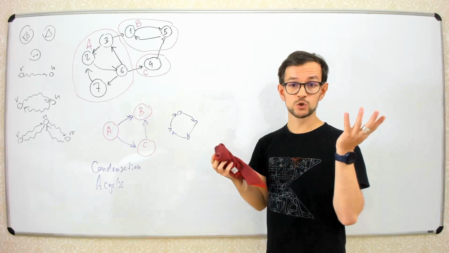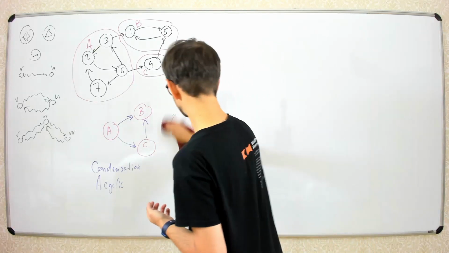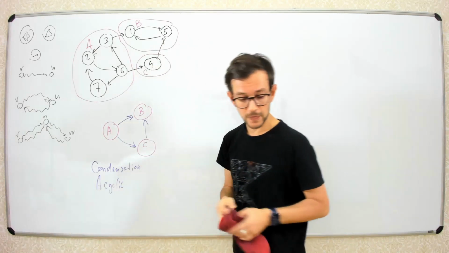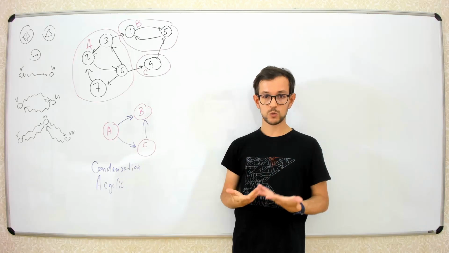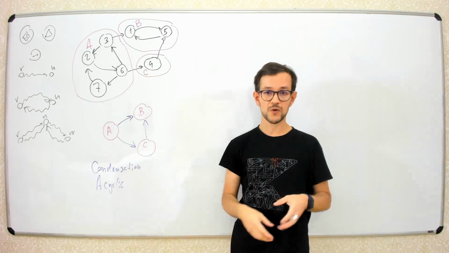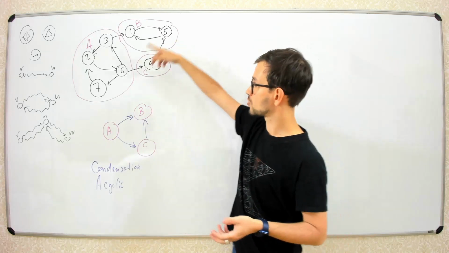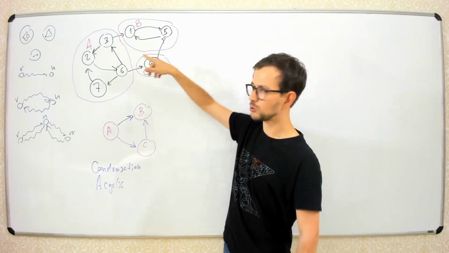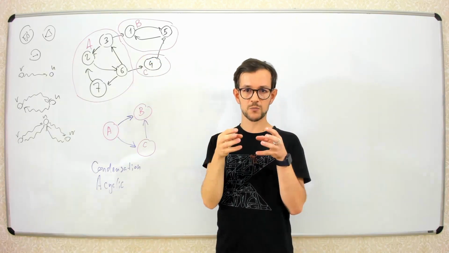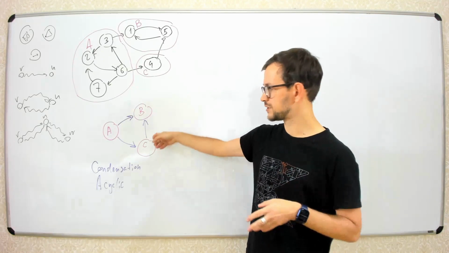And now we just need to build the algorithm which finds these strongly connected components. So what we'll do today is build the algorithm which will take the graph and find all the strongly connected components in this graph. When you find all the strongly connected components, it's easy to build the condensation, yes? Because if for each node you know which strongly connected component it belongs to, then it's very easy to build this condensation.